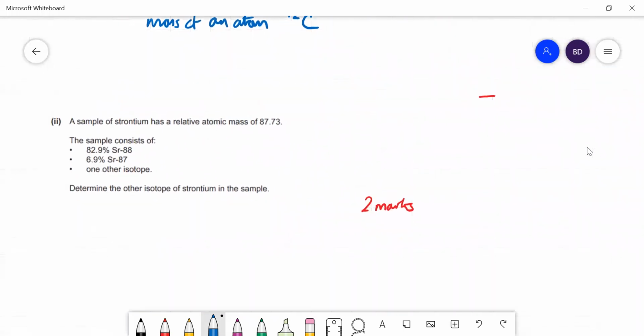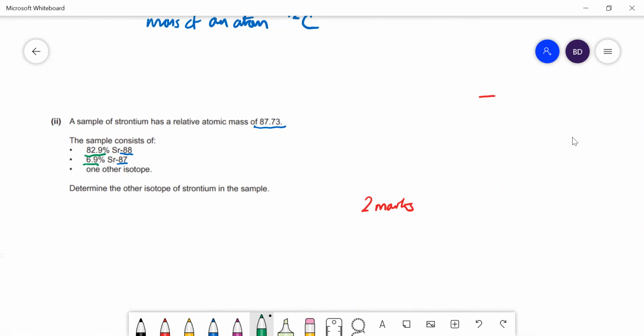Right, a sample of strontium has a relative atomic mass of 87.73, and you've got some strontium 88, strontium 87, and one other isotope. Determine the other isotope. So look here, we've got the abundances of these two.